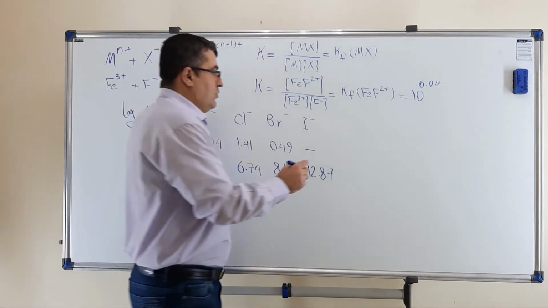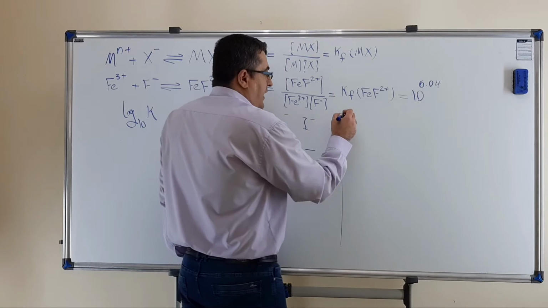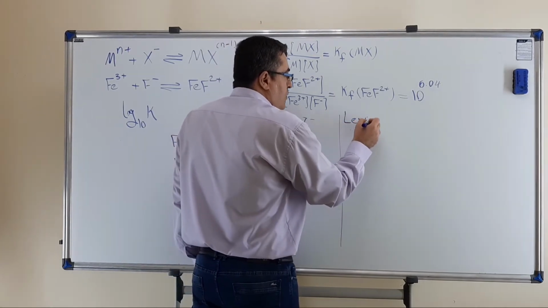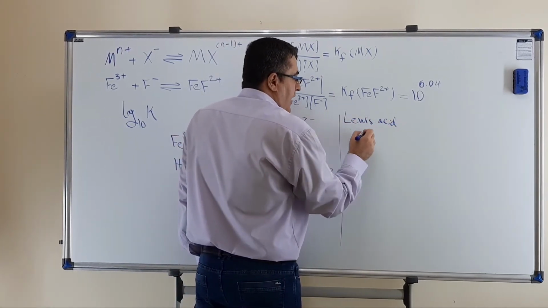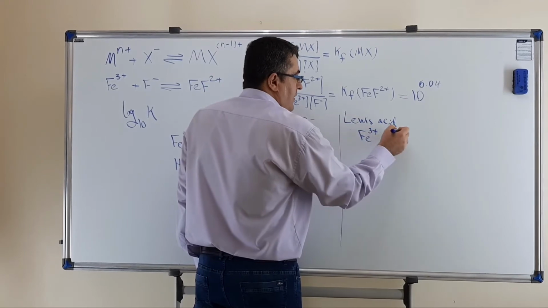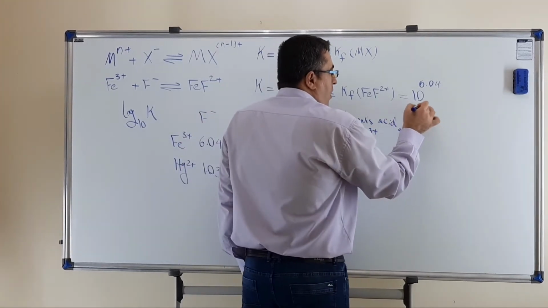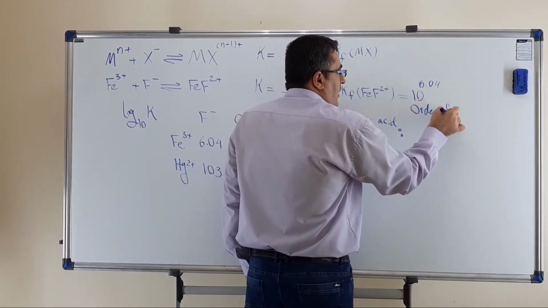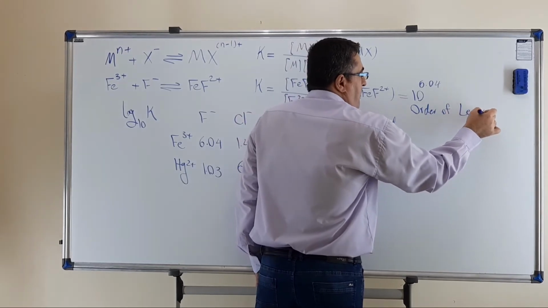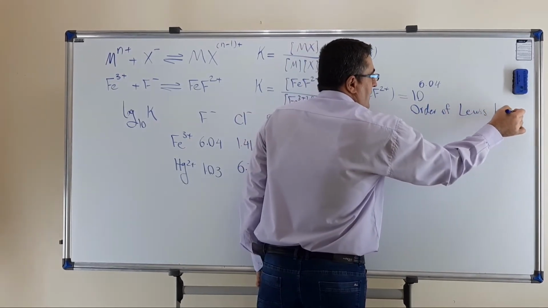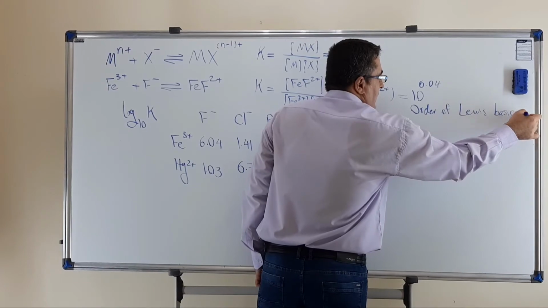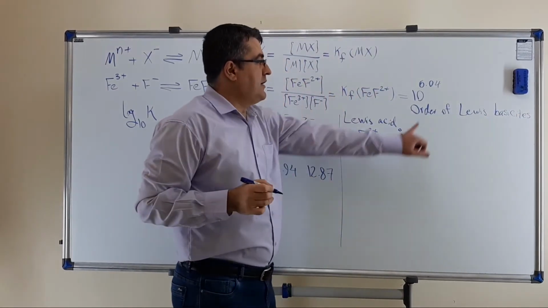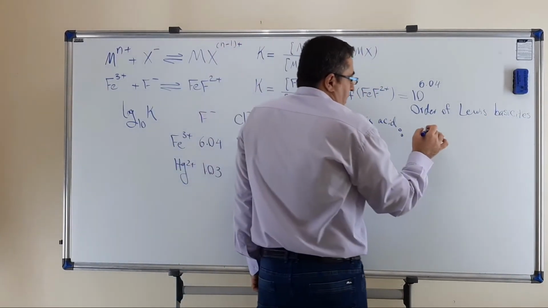So we can conclude that in reaction with Lewis acid Fe3+, order of Lewis basicities of halide anions is as follows.